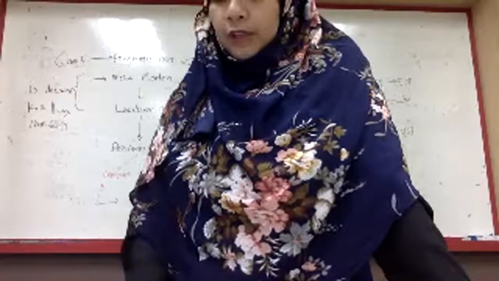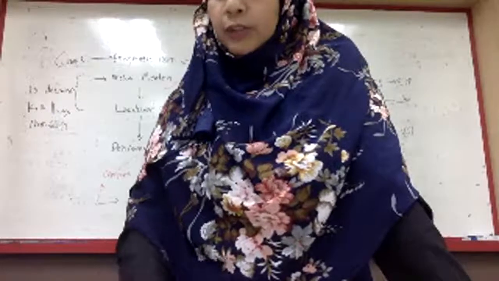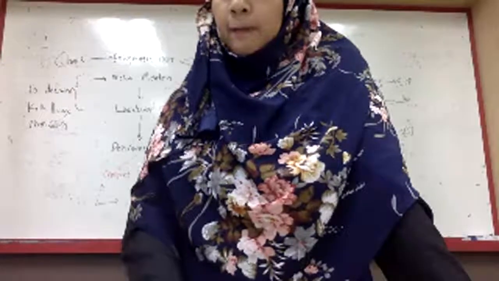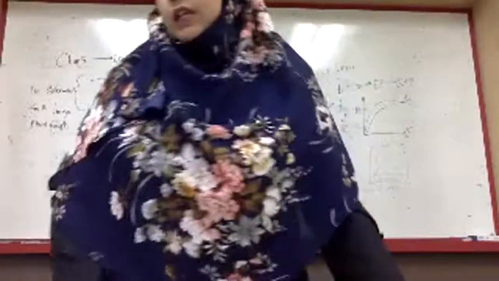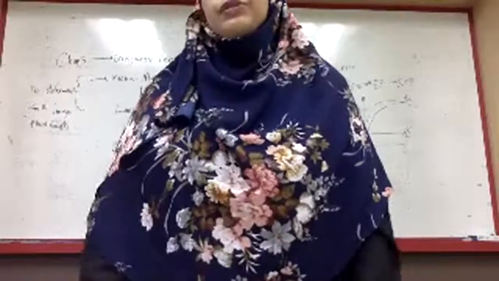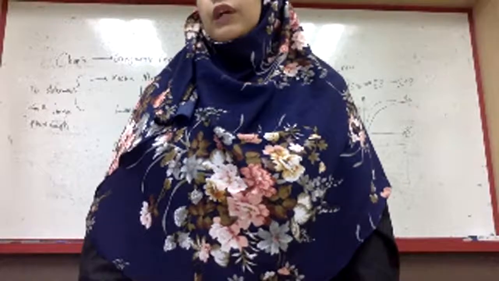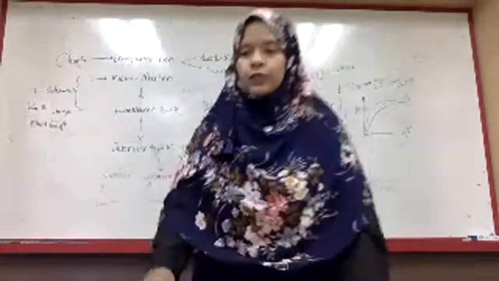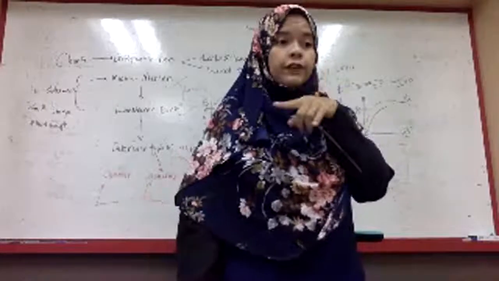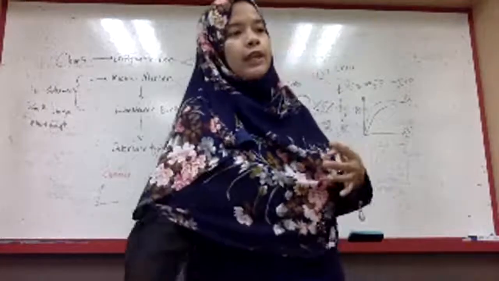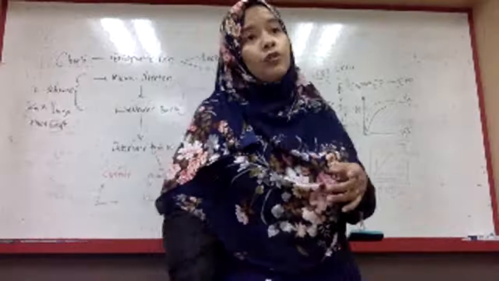Okay, uncompetitive ni dekat page non-competitive dulu, mixed inhibition. I would advise you untuk inhibition punya notes, better refer my slide. Sebab yang buku ni dia ada KI, so nanti you confuse.